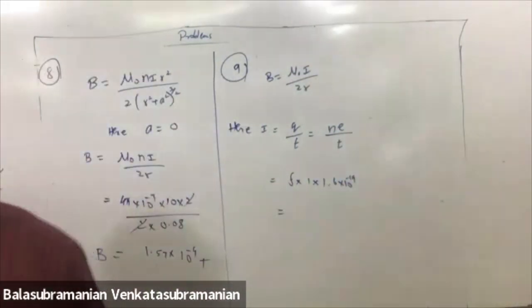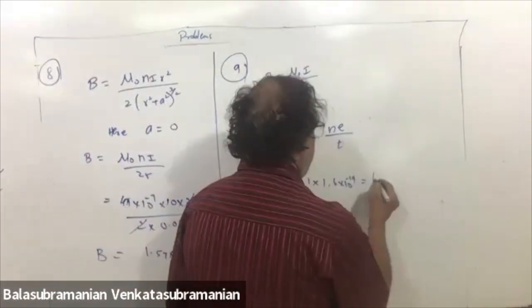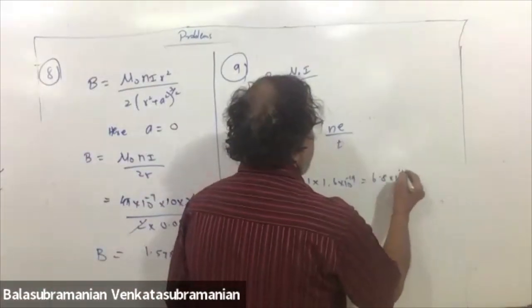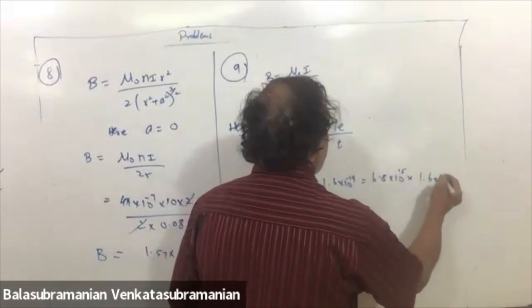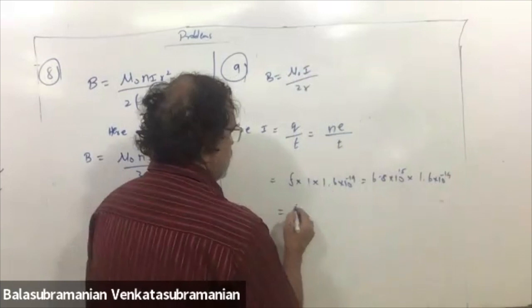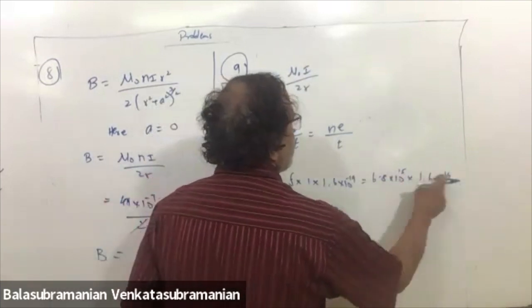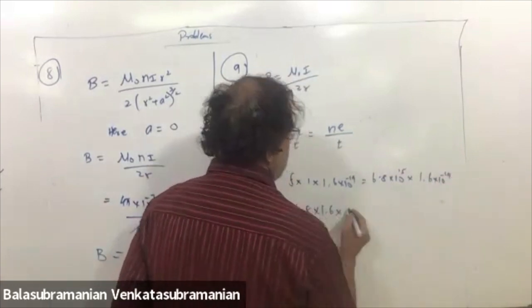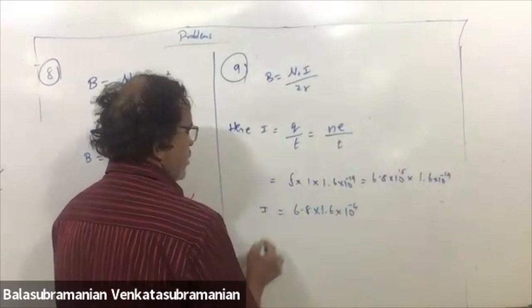What is the frequency given? 6.8 into 10 power 15, into 1.6 into 10 power minus 19. 6.8 into 1.6 into 10 power 15 minus 19 is 10 power minus 4. This is the current.